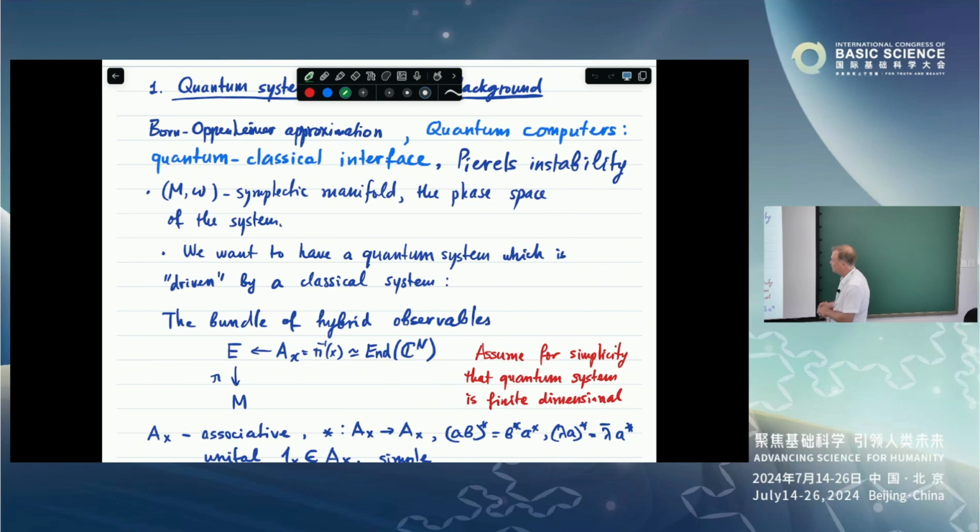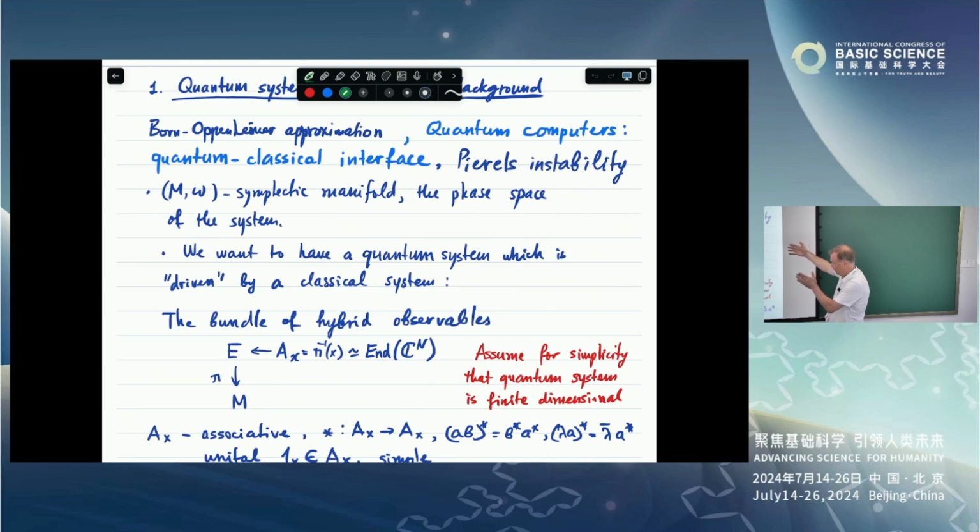Mathematically, it's the following. If you have a symplectic manifold, which is a phase space of some classical Hamiltonian system, we want to have a quantum system which is driven by a classical system on this phase space. So as you move along the phase space, over each point you have your space of states, the Hilbert space of a quantum system, but this Hilbert space, strictly speaking, is changing from point to point.